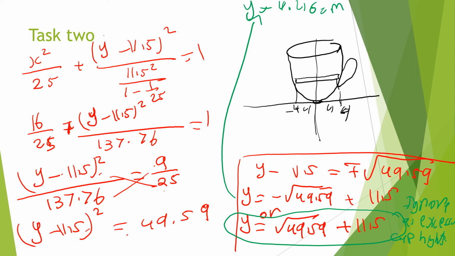So that's not the final answer, because for the final answer you need to add to that 1 centimeter, because the breadstick is 1 centimeter high. So the height of the liquid is 5.46 centimeter.